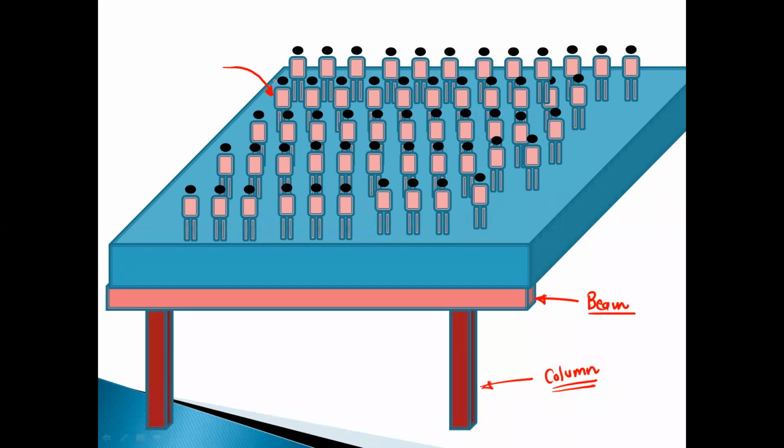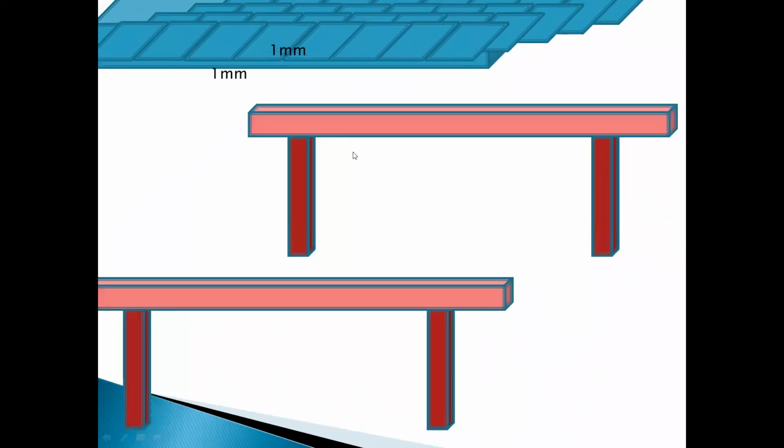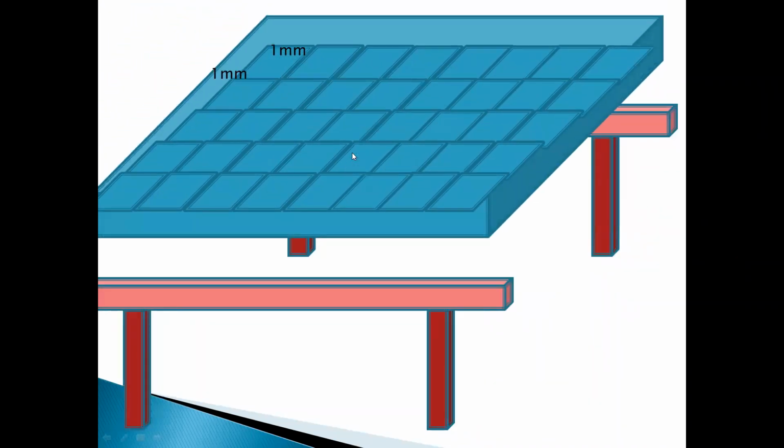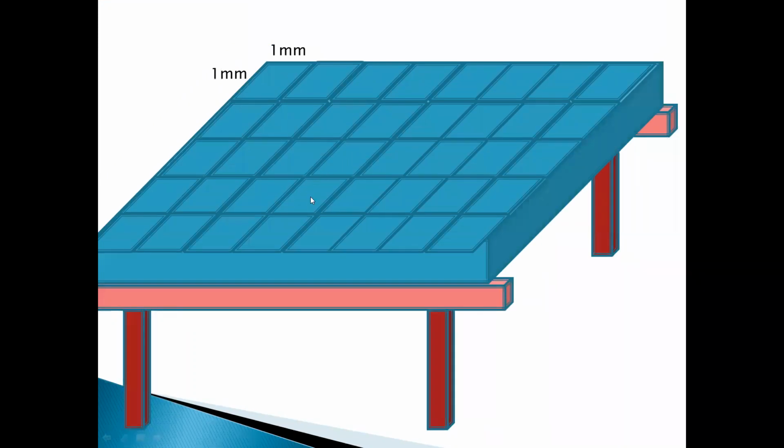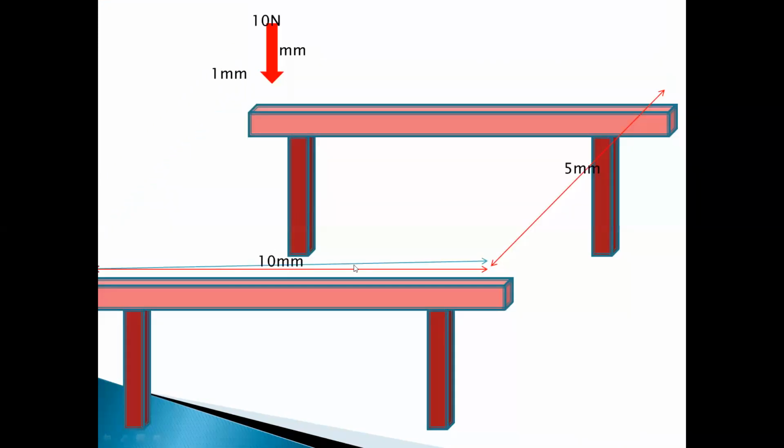Here we have considered that the whole area, this carpet area, is covered by persons. Let us take this total area as 10 millimeter by 5 millimeter.